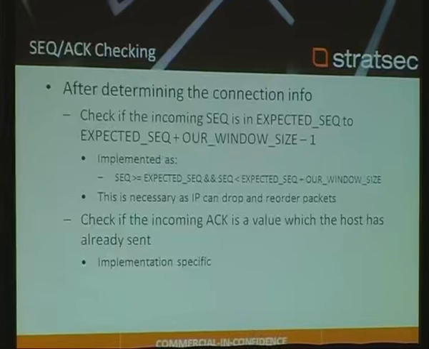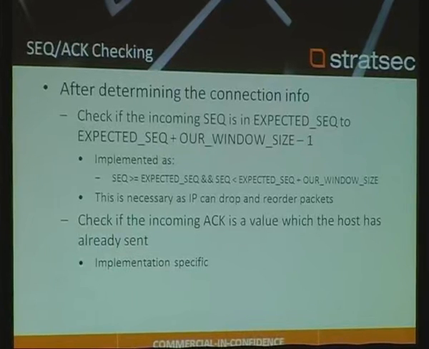So we'll accept any byte in the stream within that window size. This is necessary because, again, IP can drop packets, IP can reorder packets. Implementations also sometimes check the ACK value. Essentially, the check that should be done here is, is this something we have sent? And not something that's lower than what they've acknowledged. It should really just be, is this something we have sent before? However, we'll see how this actually pans out.